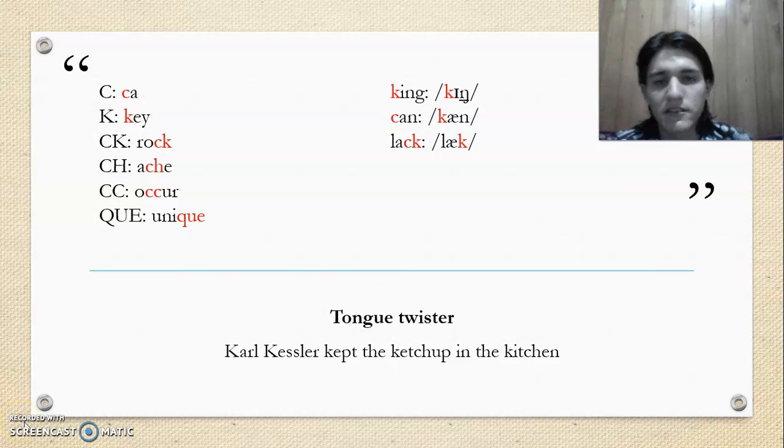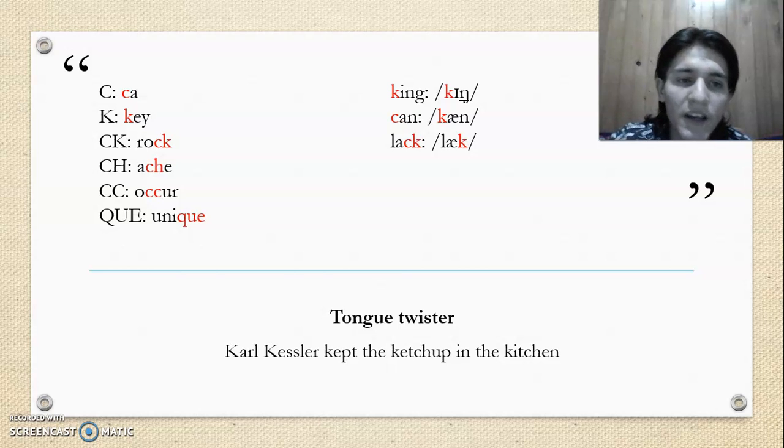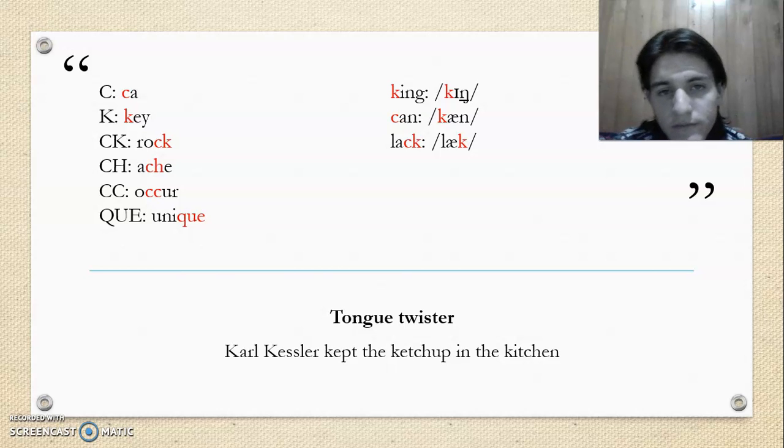We can find this consonant sound in the letter C in can't, the letter K in key, the letters C and K in rock, CH, CC in occur, QU in unique, and other examples like king, kick, and lack.